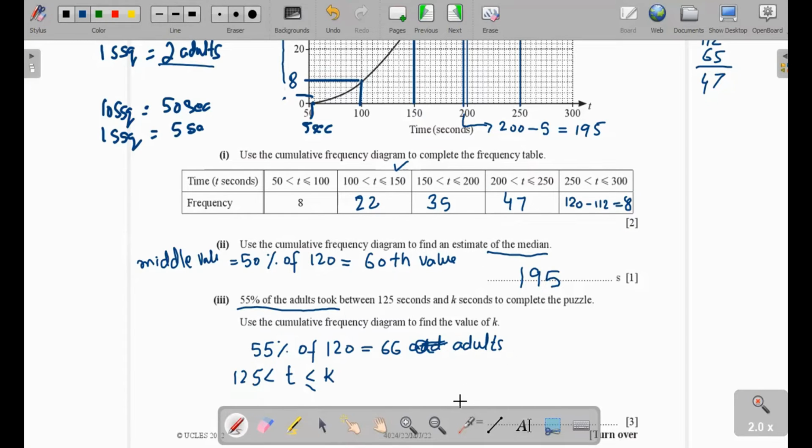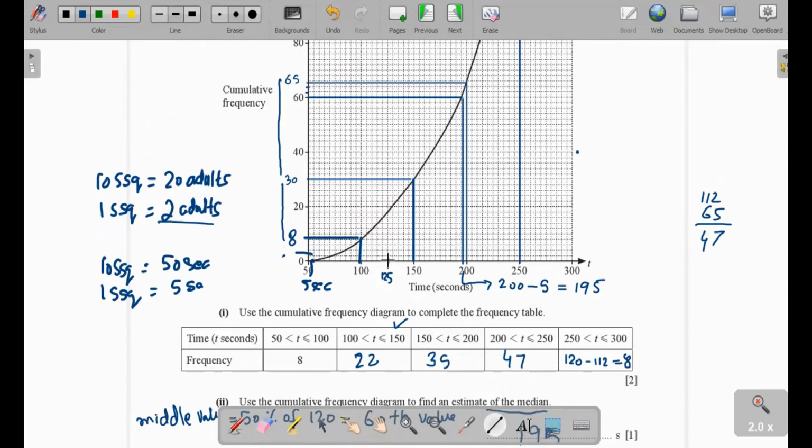We can find this value by drawing a line from the axis towards the curve, and this line meets the curve. The value here is 20, and one small square before is 2, so 20 minus 2 is equal to 18. That value is 18 adults.